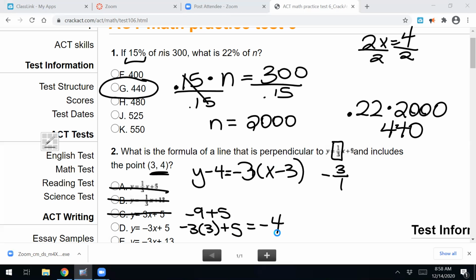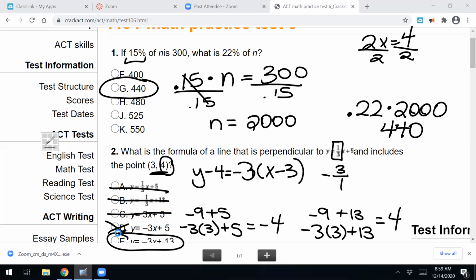So that can't be your answer. So it has to be E, but let's just double check. So -3 times 3 plus 13. What's -3 times 3? What's -9 plus 13? +4. Isn't it supposed to be +4? That's the easy way to do it. So this would be E is your answer.